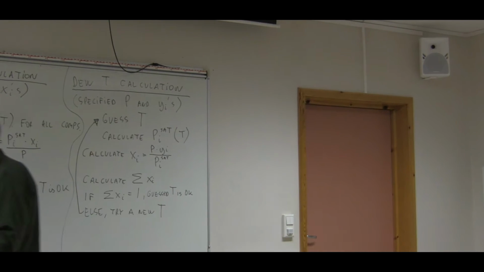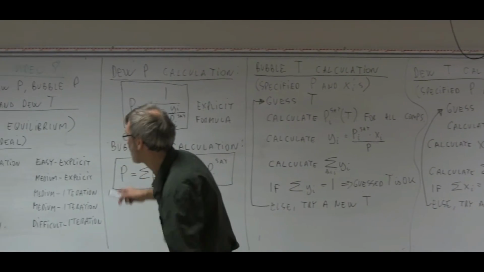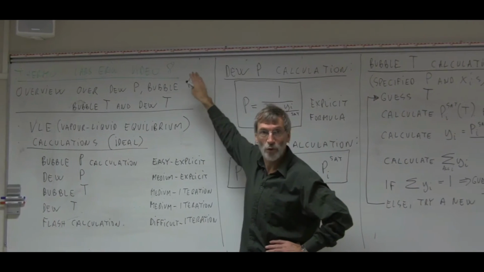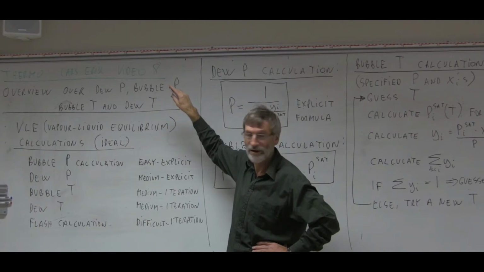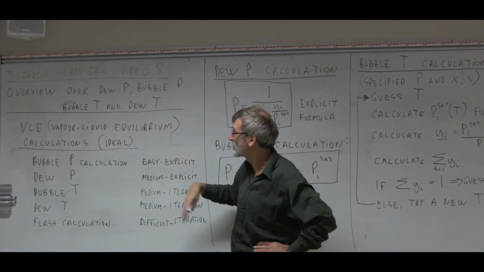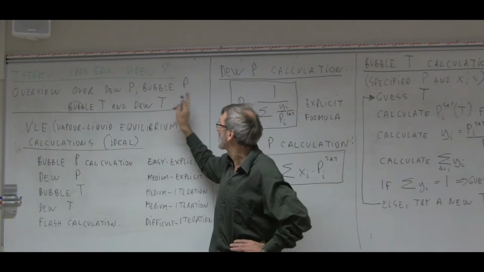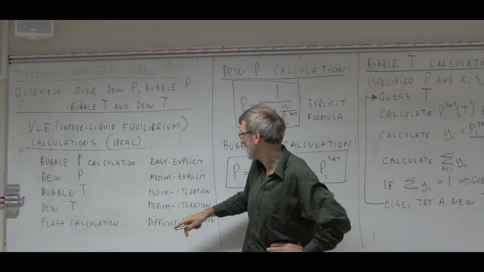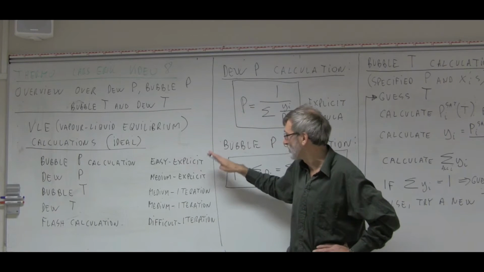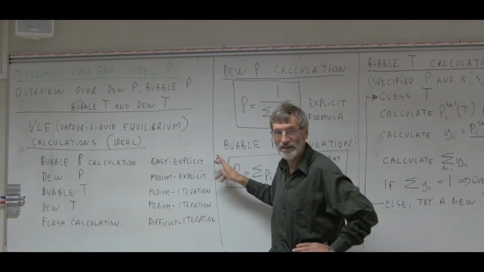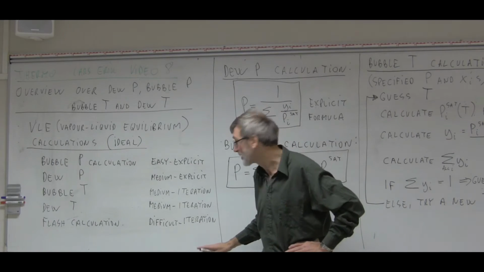So what I have tried to do is to give an overview over all these calculation principles to calculate DewP, BubbleT, and DewT. Some of these are explicit and easy, some of them are more difficult.